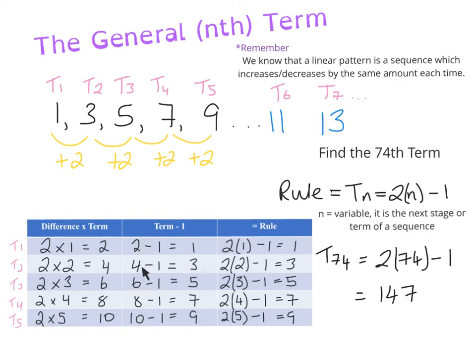If I'm at 4 and I need to get to 3, I get take away 1 because 3 is the term 2. So this -1 is not always going to be -1 and has to match the sequence. So this is your difference times your term, and you need to find out, well, what do you do to that number to get the sequence, and then that will lead you to your rule.